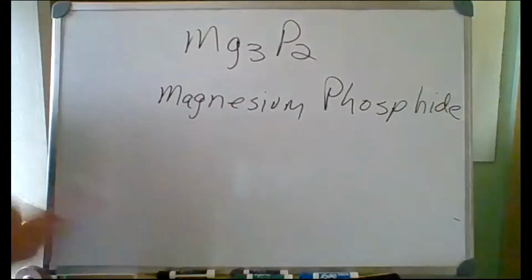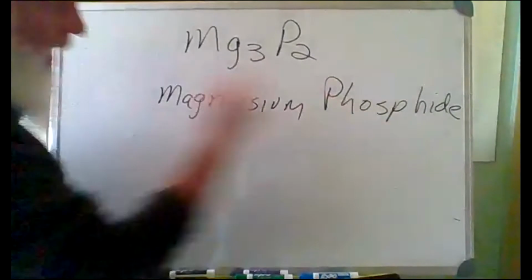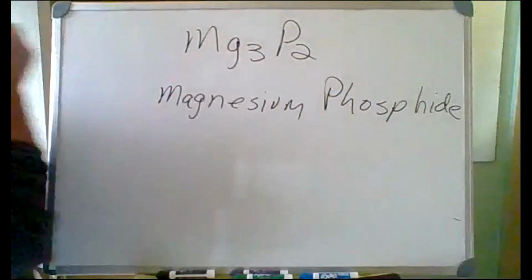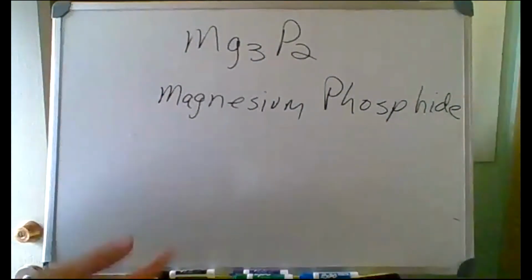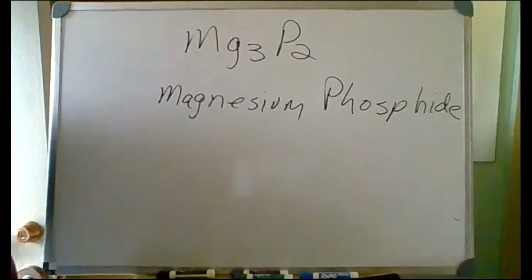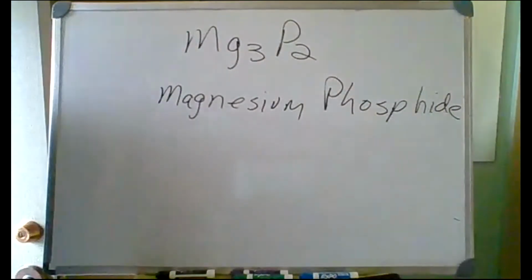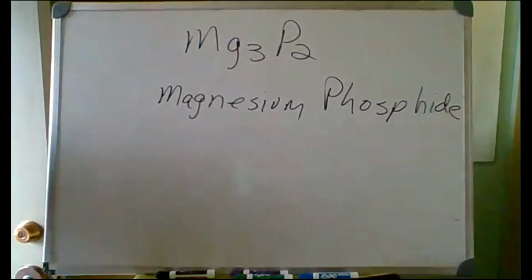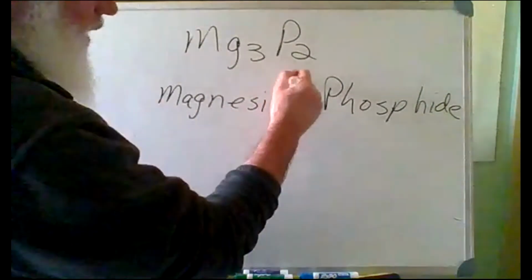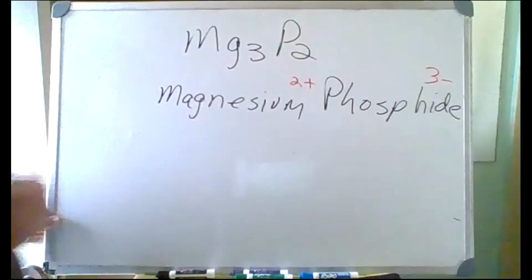Now, let's look at the reverse. What if we're given the name? How do we come up with the formula unit here? Remember, the formula unit is what we call the chemical formula for an ionic compound, the lowest whole number ratio between the cations and anions in an ionic compound. So how do we do this? Well, the charge on magnesium cation is 2+, charge on phosphide is -3.